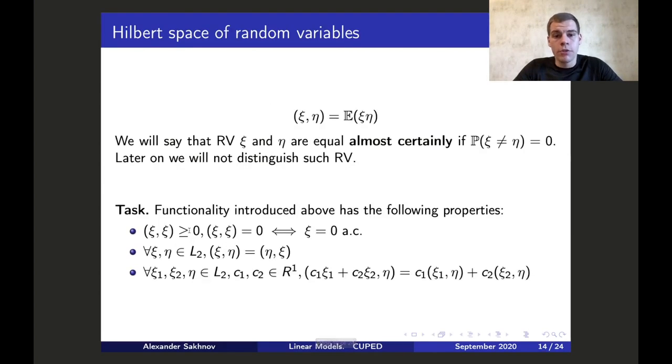But fortunately it can be introduced in another way, and we say that the scalar product of two random variables is equal to the mathematical expectation of the product of these two random variables, and it can be shown that all properties are met.